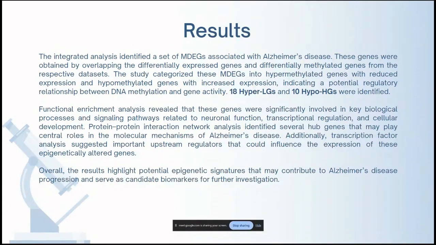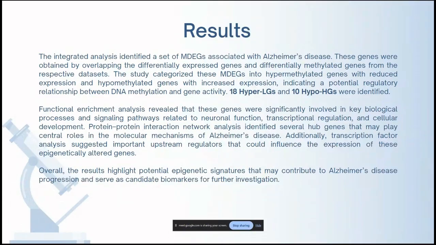Hyper-LGs means they are hypermethylated, low expressed genes, that is suppressed genes. These genes suggest transcriptional repression. They are lowly expressed and were largely involved in cell signaling and metabolism pathways, including the neuroactive ligand receptor interaction pathway, a pathway important for neuron communication.